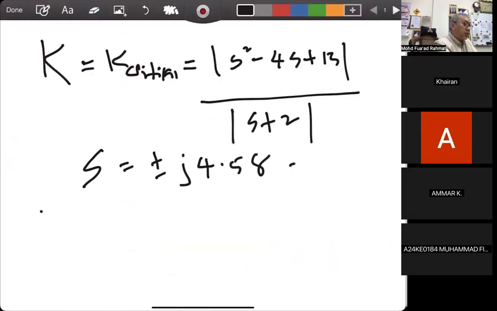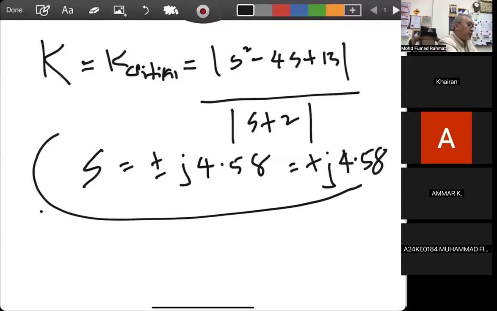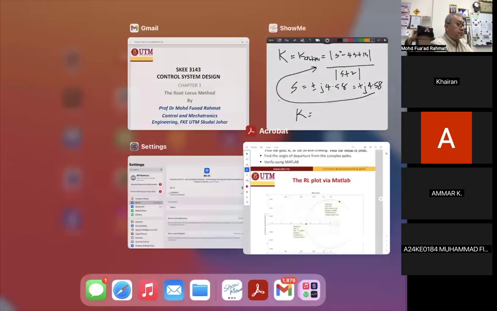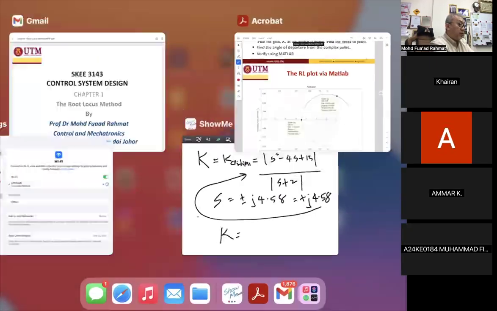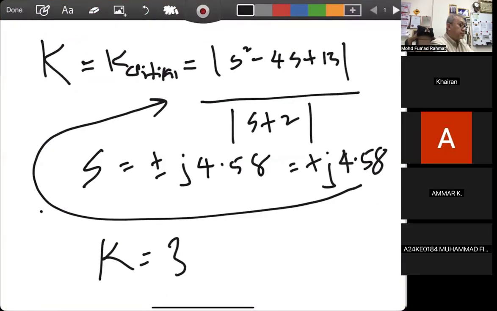So we choose one point only, 4.58. Then we insert this s value inside s. Then you will get K equal to 3.99, or 4. So that is the K critical, guys.